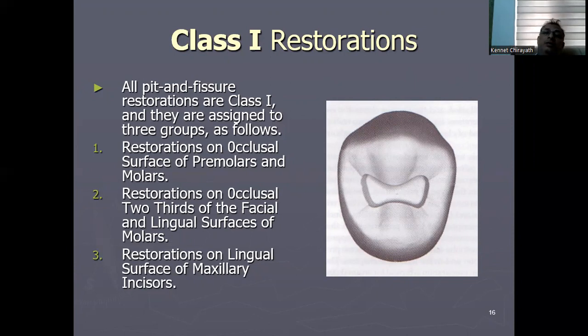So one is pit and fissure on the occlusal surface of the molar and premolar, then the occlusal two-thirds of the facial and lingual surface of the molar, and the lingual surface of the maxillary incisors.